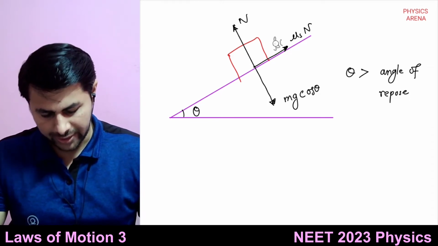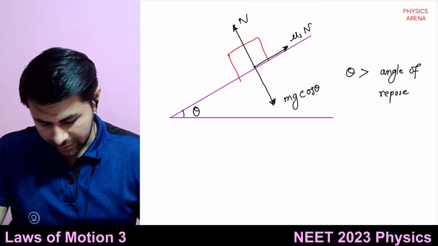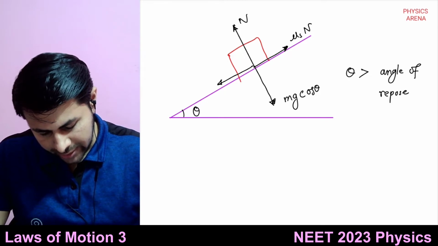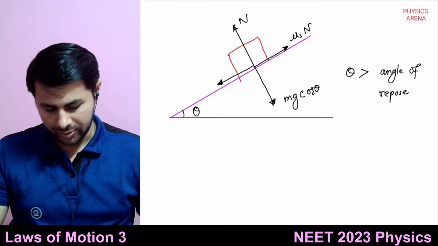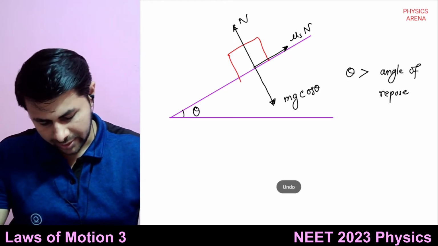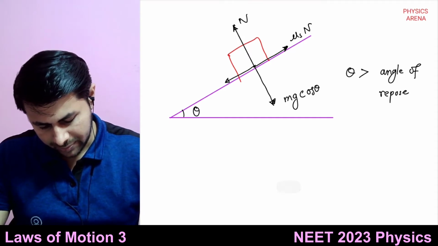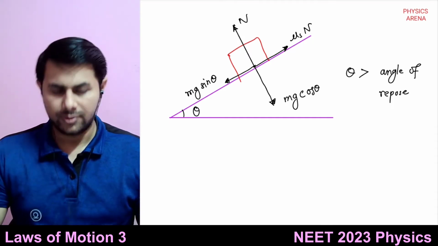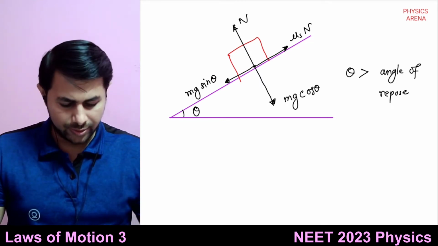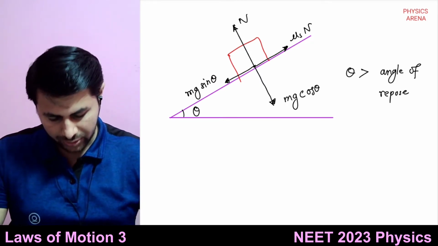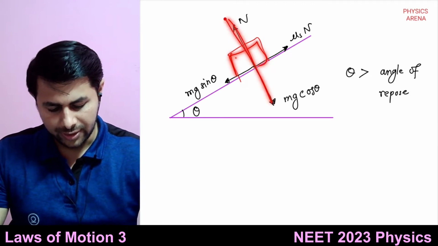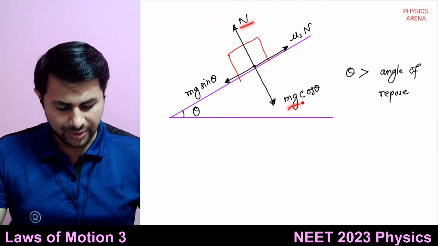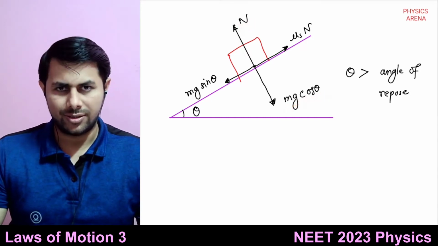And the force in this direction is mg sine theta. Since there is no acceleration perpendicular to the plane, N is equal to mg cos theta.